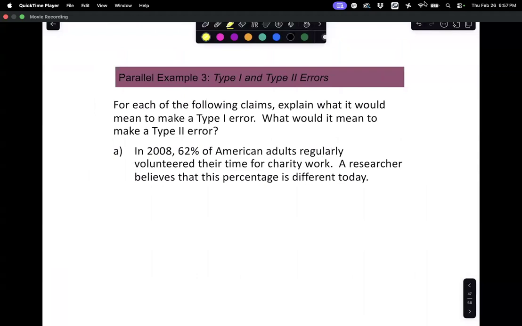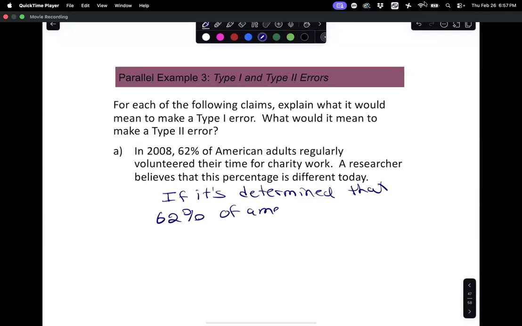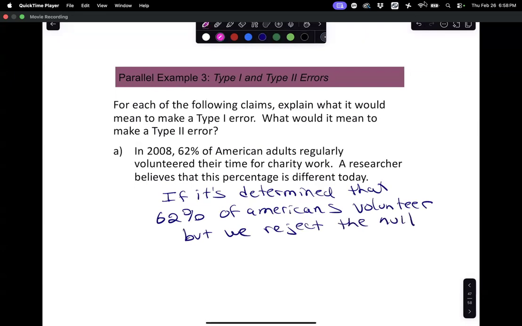So if it's determined that 62% of Americans volunteer, but we reject the null, I'm just going to put next here type 1 error.